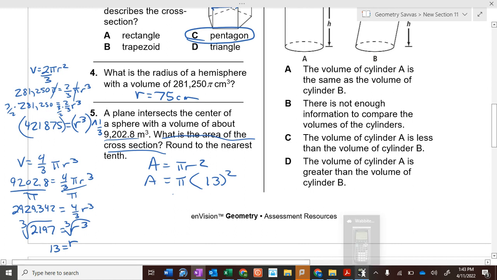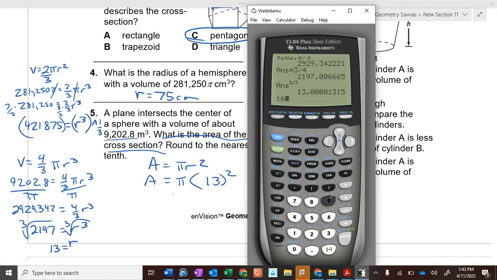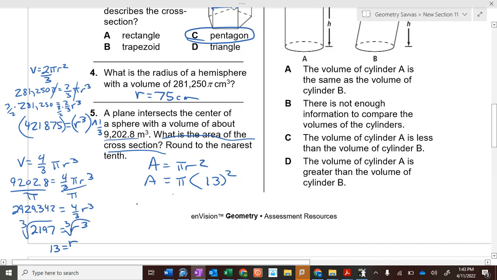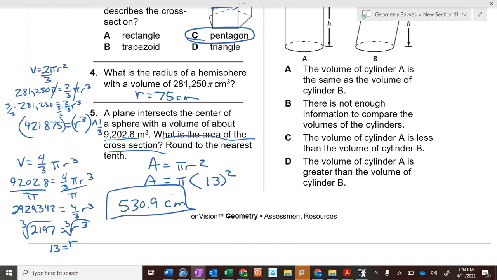So it's 169 times pi, which is 530.9. Okay, that one took a little more work. But those of you who did it, did you get it? Okay.